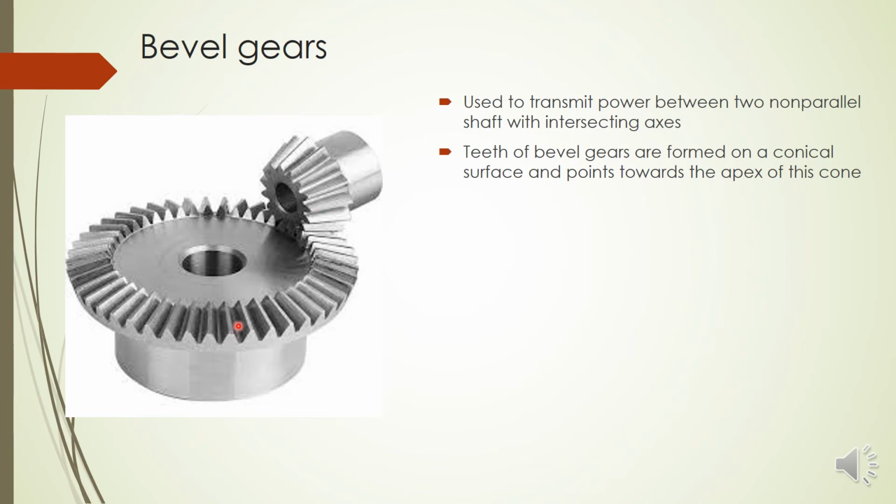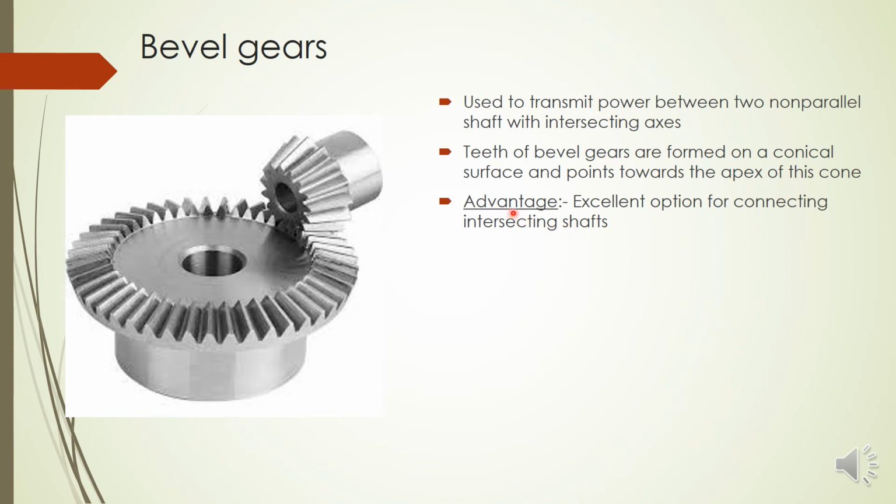So the teeth are cut on the periphery of that cone and each tooth is pointing towards the apex of that cone. So that is the manufacturing difference between spur gear and bevel gear.